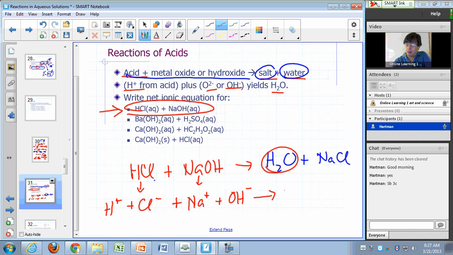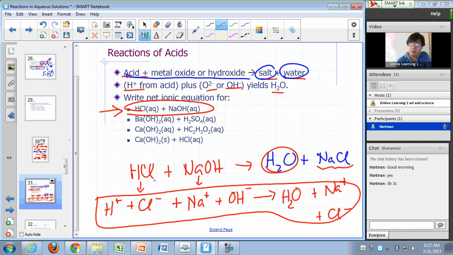Water is a molecular compound. I have to write it in full, intact. And then sodium ions and chloride ions. Sodium chloride is an ionic compound, so I have to write it separately, sodium ions and chloride ions. So what I have here, what do you call this one? This is your ionic equation.